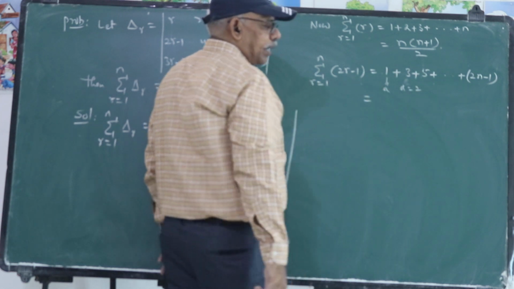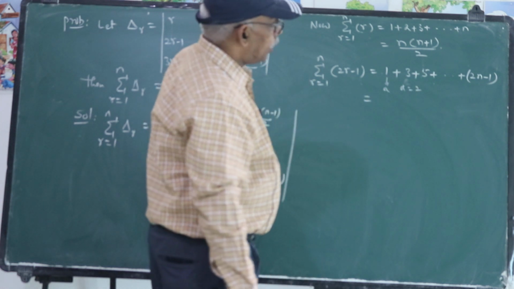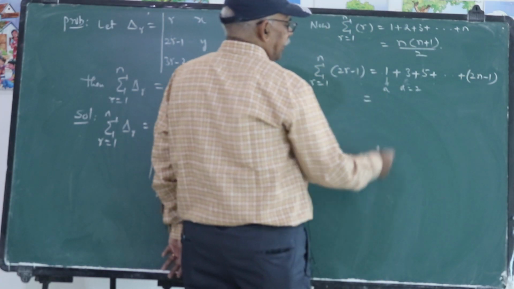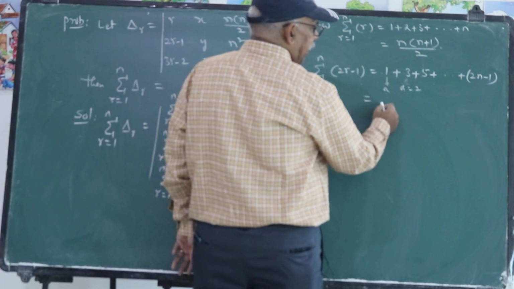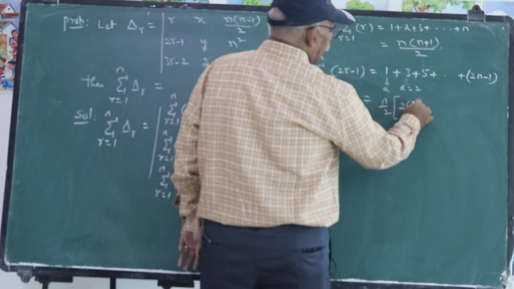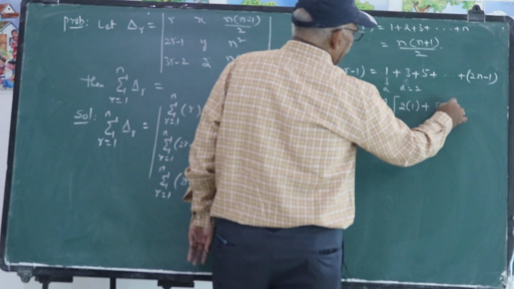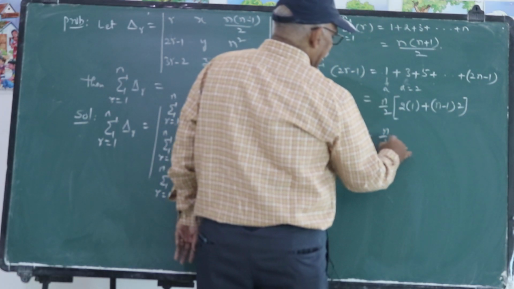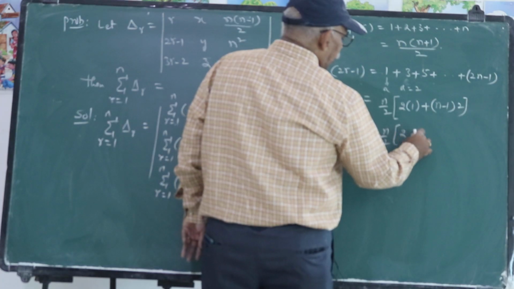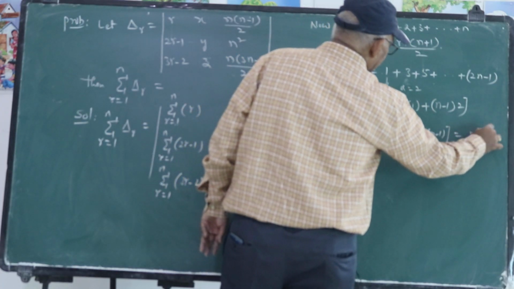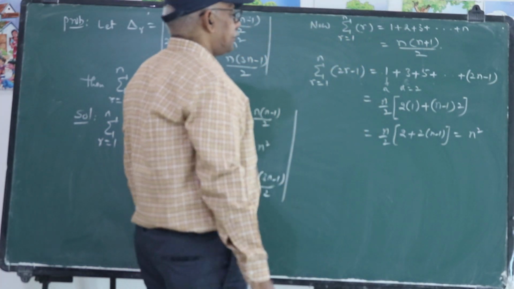Sum of n terms of AP is n by 2 into 2a plus n minus 1 into d. That is n by 2 into 2 plus 2 into n minus 1, which gives us on simplification n square.